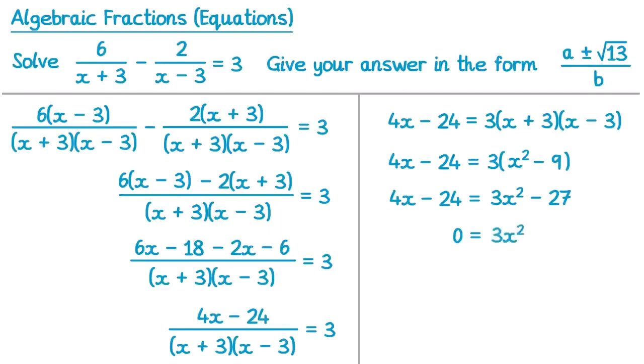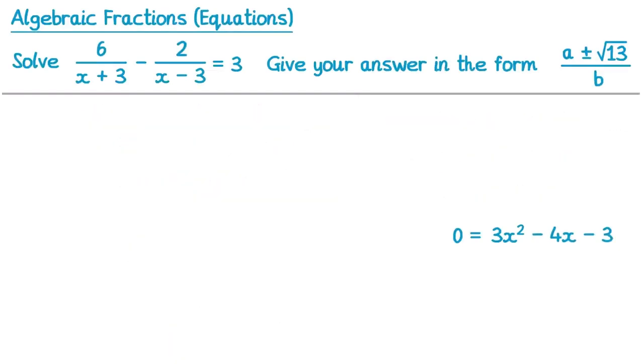Then I subtracted 4x, and there's no x term there already, so that's just -4x. And then we need to add 24 to -27, which gives us -3. So we end up with this quadratic equation here to solve. Now remember, we know from the form they want the answer in, we need to solve this using the formula or completing the square, and this one's probably going to be much easier using the quadratic formula.